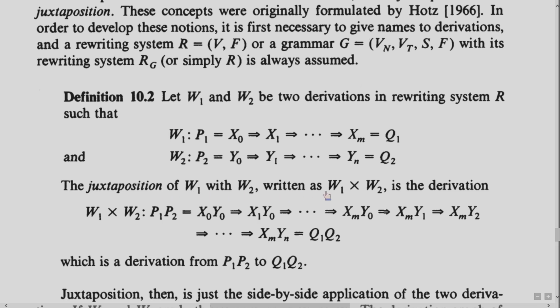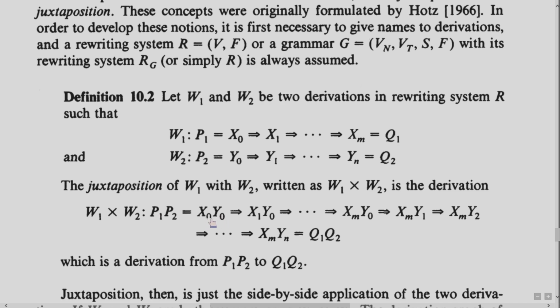Juxtaposition of W1 with W2, written as W1 cross W2, is the derivation indicated by W1 cross W2 colon P1 P2. This means the juxtaposition of W1 and W2. In this we start from the concatenation of both first strings, P1 and P2, and we start replacing the first string, and the second string from W2 will be unchanged.